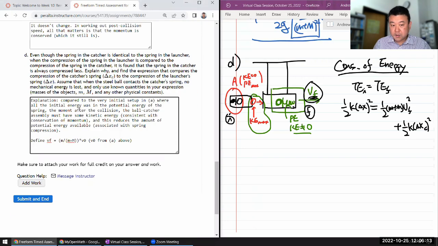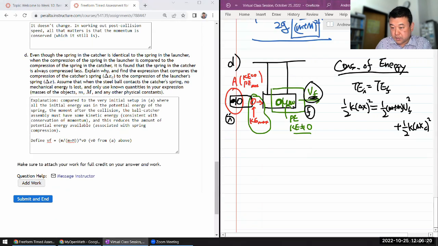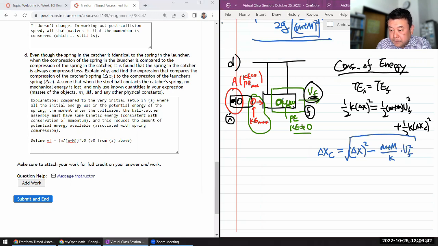Let me just solve this for delta x_c. I'm doing it in my head, so I'll slow down and verify I didn't make a mistake, because there's a chance I am. The square root of delta x squared minus, k times V final squared, and so this portion makes this less.